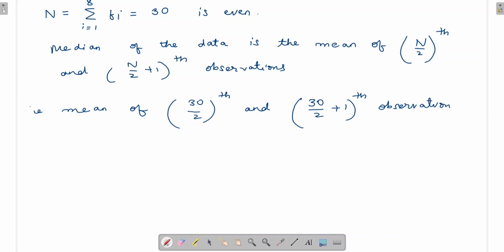So that is the mean of the 15th and 15 plus 1th, which will be the 16th observation.